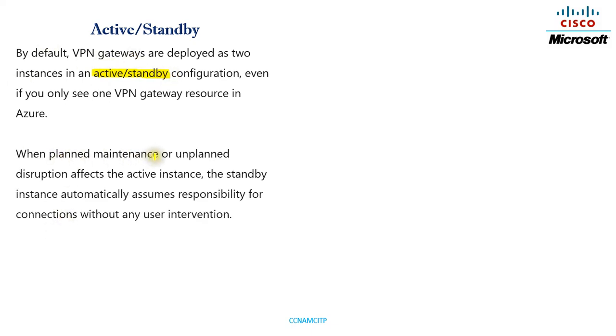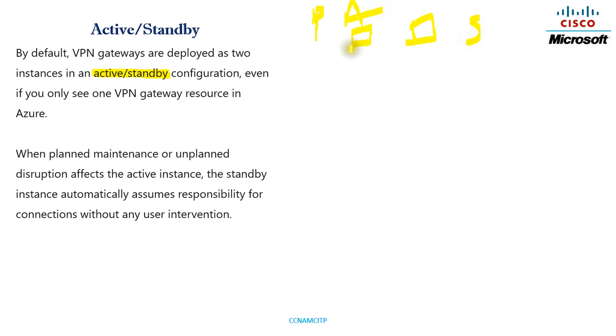When planned maintenance or an unplanned disruption affects the active instance, the standby instance automatically assumes responsibility for the connection without any user intervention. For example, you have two devices here. This is your primary and the other will be in standby mode.